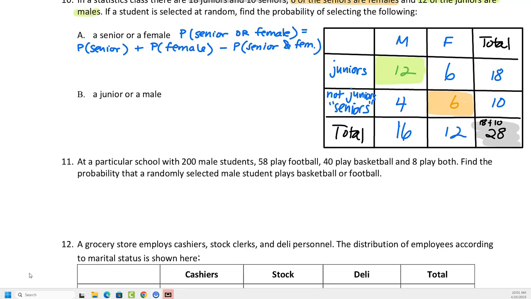So the probability of a senior, that's the not juniors, is 10 over 28. Plus the probability of a female, that's 12 over 28. And then minus the probability of a senior and a female, that's 6 over 28.